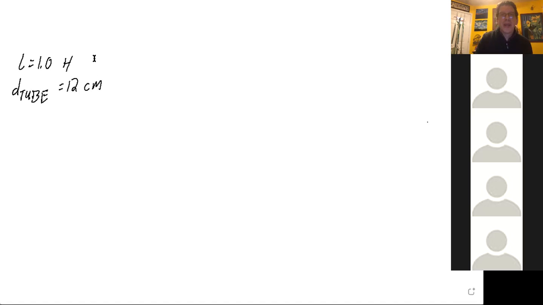The diameter of the wire is 0.81. And was that centi or milli? That was millimeters.